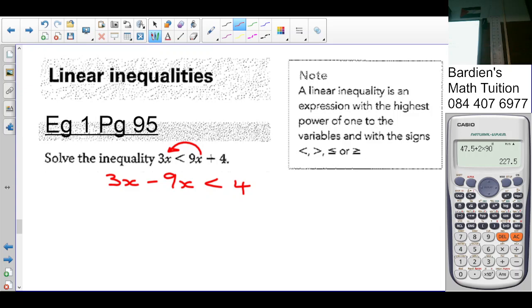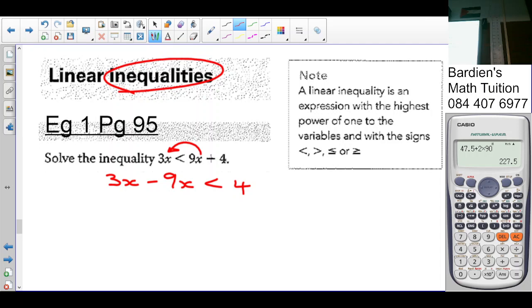The inequality. Don't say thingy. The inequality we can treat to an extent as an equal sign.